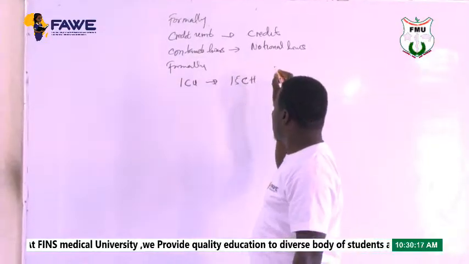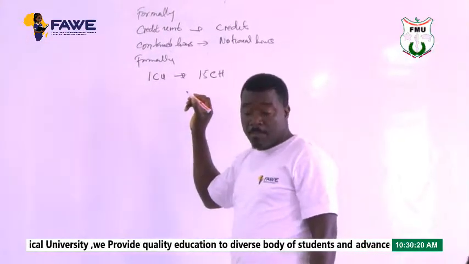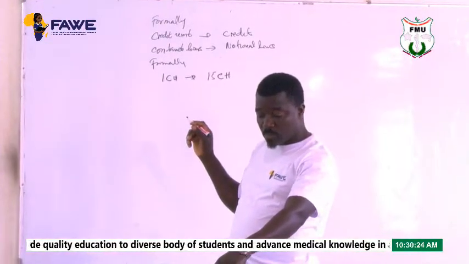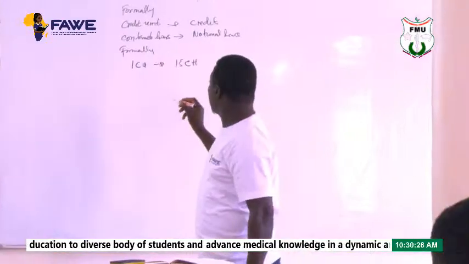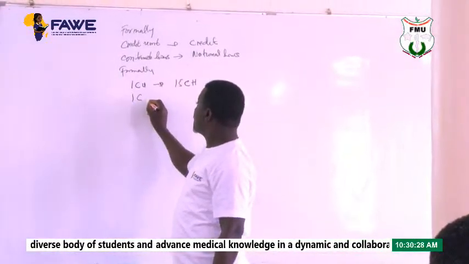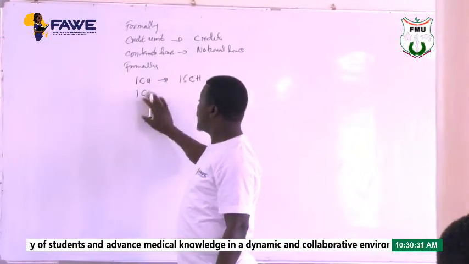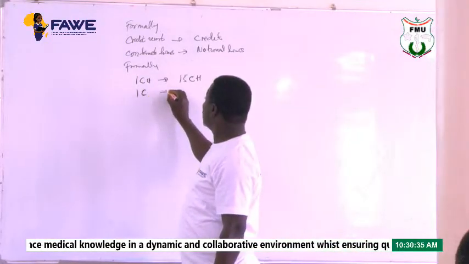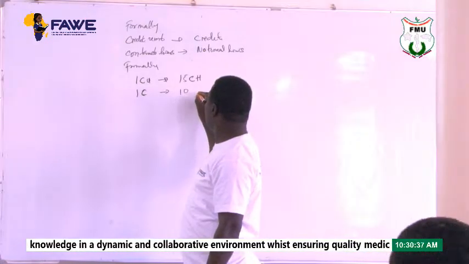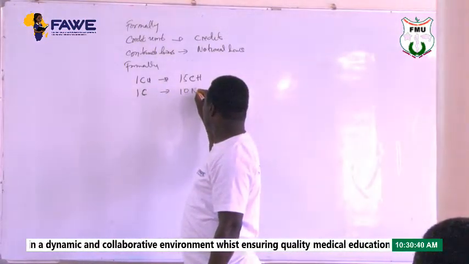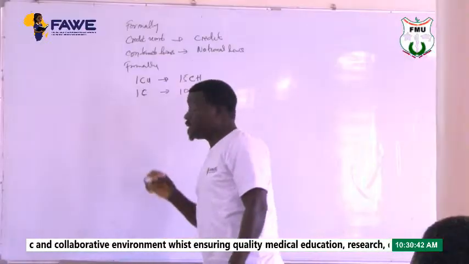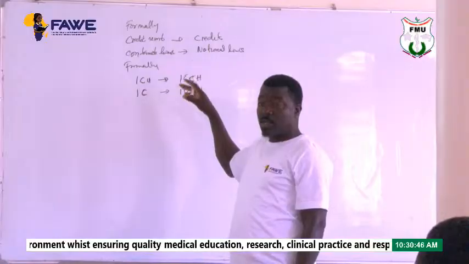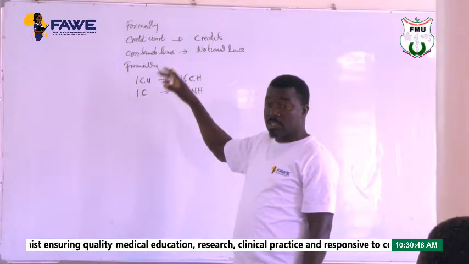True. But now we have one credit, which is equal to 10 notional hours. So we based on this to distribute our contact hours in the table.